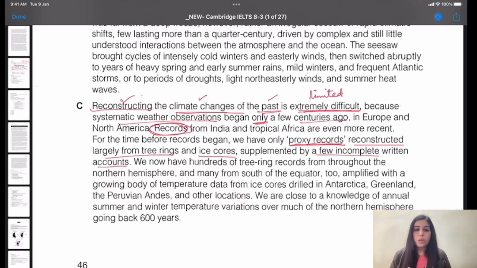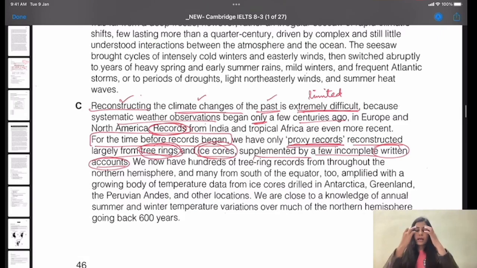So how were we basically recording the weather for the time before records began? Okay, how were we doing it in the past? We only had proxy records reconstructed largely from tree rings, ice cores, which were supplemented by a few written accounts. Supplemented basically means that it was some add-on information.